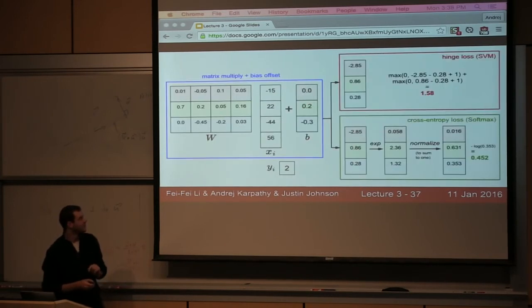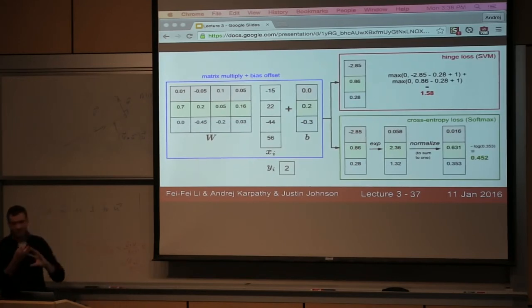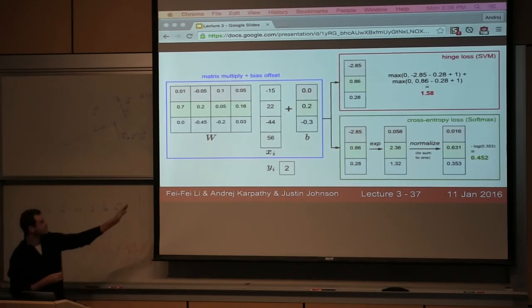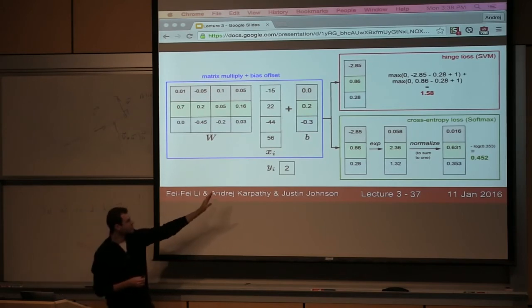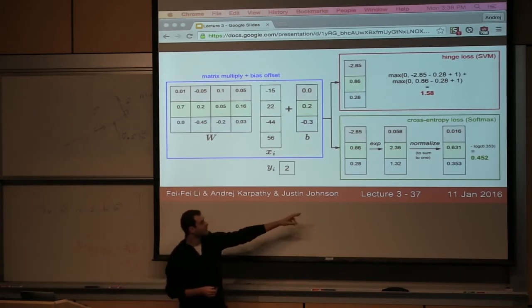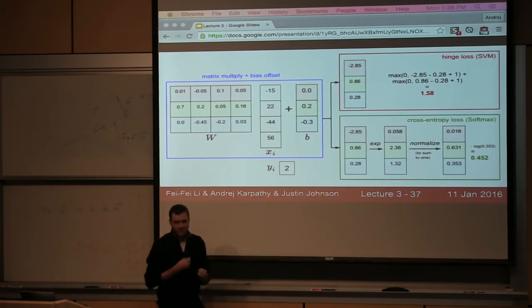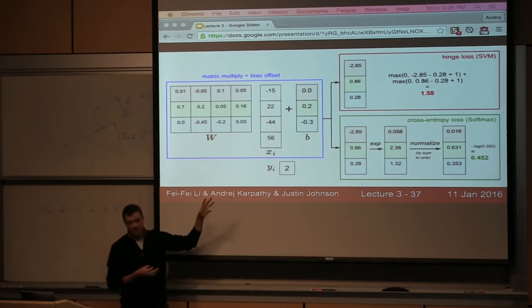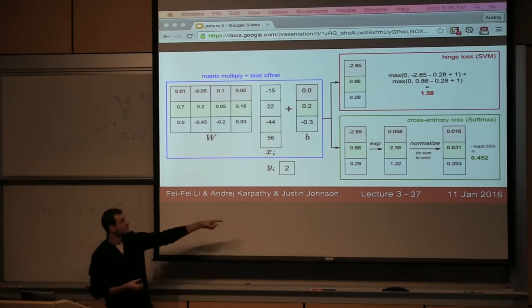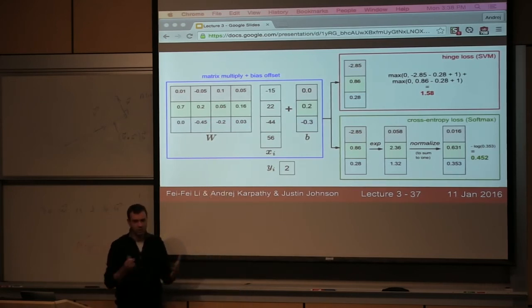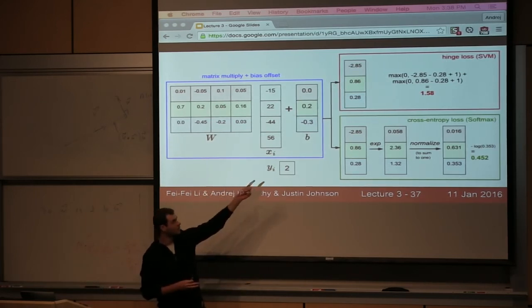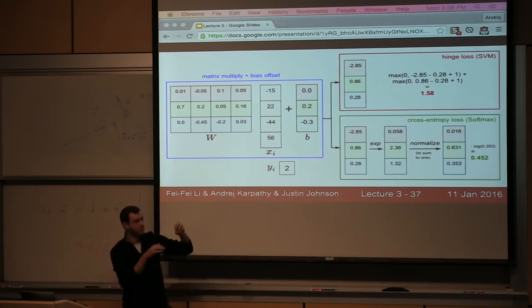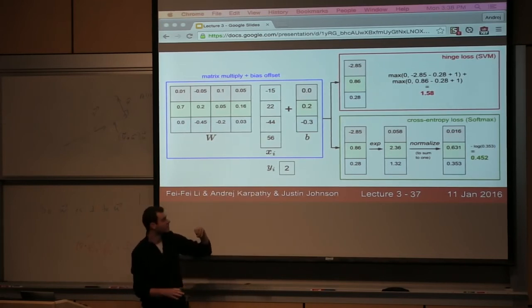I'll show you one more slide and I'll take some questions. Just to reiterate the difference between them: we have the score function, which gives us Wx plus b, and we get our scores vector. The difference is just how they interpret what these scores coming out of this f function are. Either it's just random scores, no interpretation whatsoever, and we just want the correct score to be some margin above the incorrect scores.